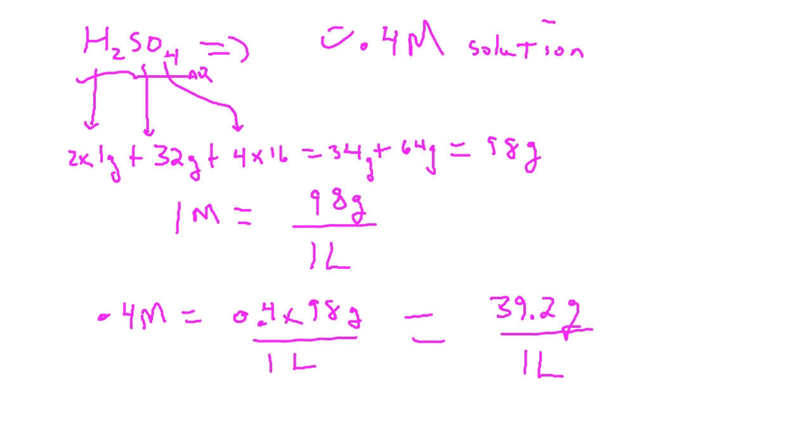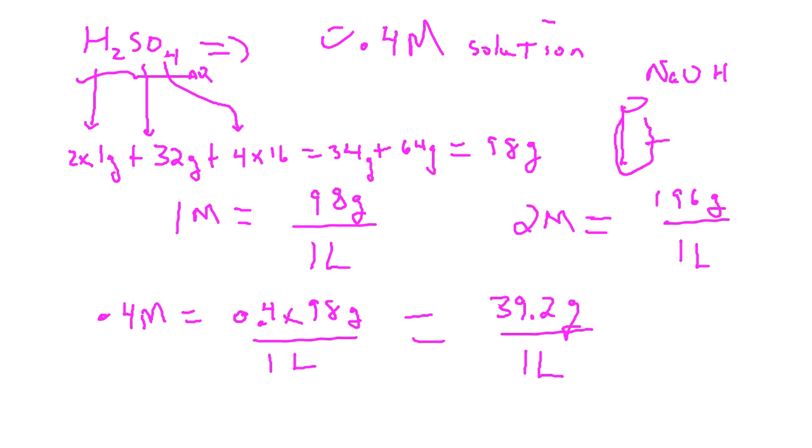If I wanted a 2M solution of this acid, we multiply by 2, so we get 196 grams divided by 1 liter. Okay, so this tells us the concentration. So in lab, you'll see the bottle of NaOH may be listed as a 0.36 M NaOH solution.